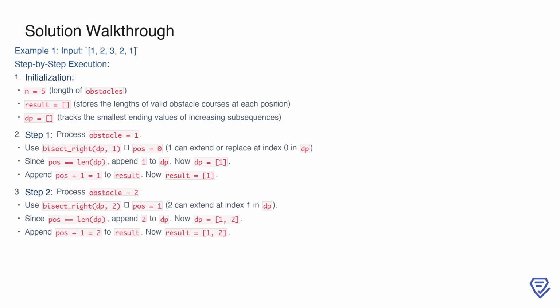For the second obstacle, 2, using bisect_right on dp gives pos equals 1, allowing 2 to extend the sequence. Again, as pos equals the length of dp, we append 2 to dp, updating it to 1, 2. Then, we append pos plus 1, which is 2, to result, making it 1, 2 so far.